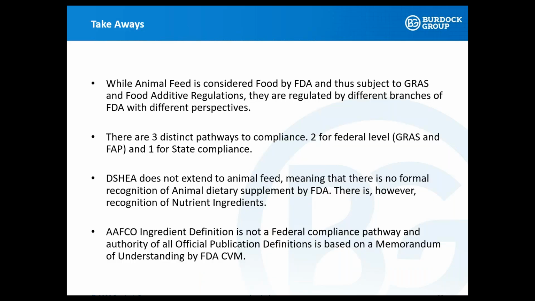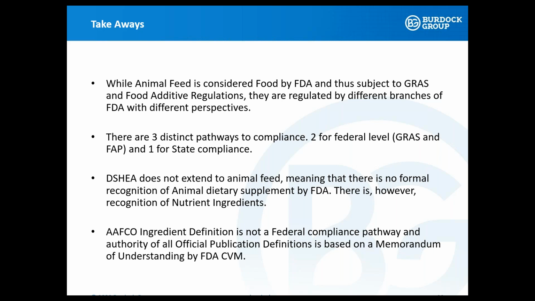So these are a few general takeaways from those 3 paths. While animal feed is considered food by FDA and thus subject to GRAS and food additive regulations, it is regulated by different branches of FDA with different perspectives. The Center for Food Safety and Nutrition thinks very differently than the Center for Veterinary Medicine. If anyone here has submitted a GRAS for both human food and animal feed, you'll understand.